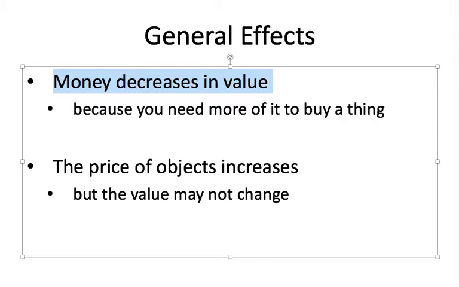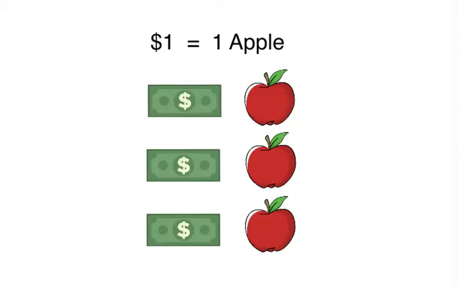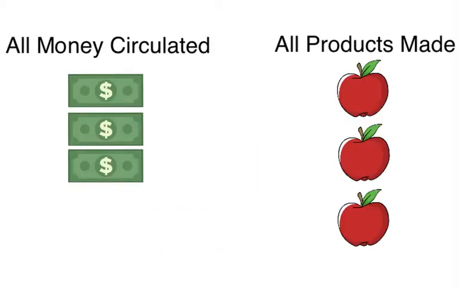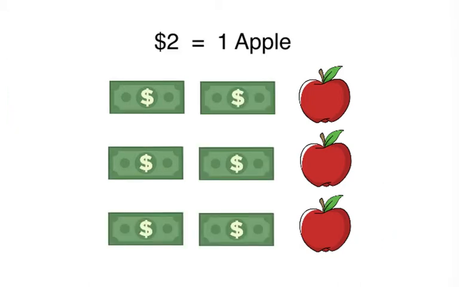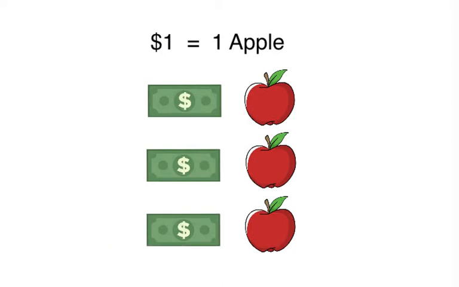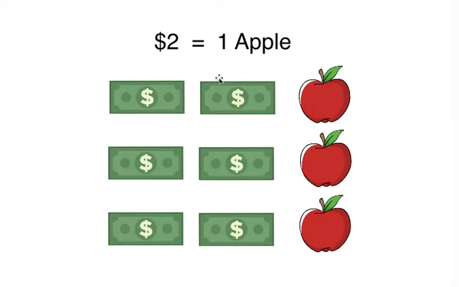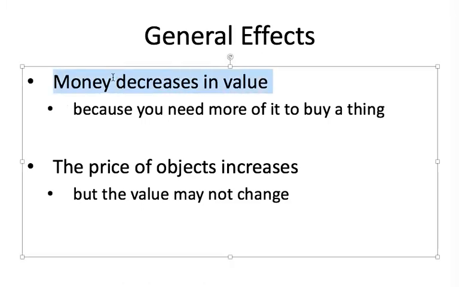In this particular case, where we went from this to this, it used to be that the value of a dollar was an apple, and now the value of a dollar is only half an apple. You need $2 to get an apple. So inflation causes the value of money to go down because you need more of that money to buy any particular thing.